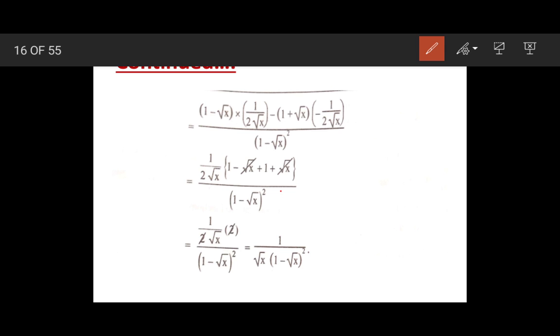Okay, so root x minus root x plus root x cancel, so 1 plus 1, so that is equal to 1 upon 2 root x into 2 upon 1 minus root x whole square. Okay, so this 2 cancels, so finally we get the answer as 1 upon root x into 1 minus root x whole square.